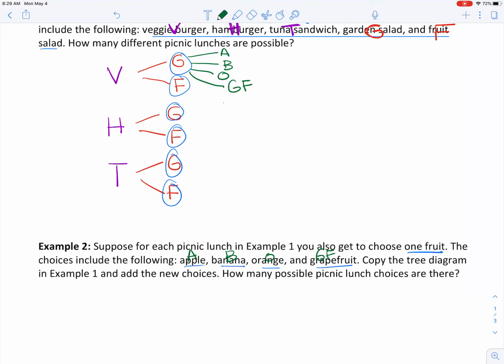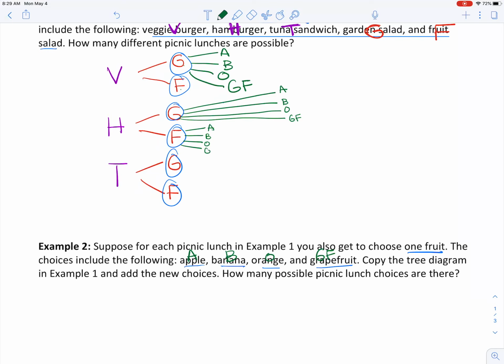Oh gosh, I'm going to run out of room here. So there's 4 more possibilities added on to each one of these already made options, okay? I'm going to add these over here for this one. We've got the 4 possibilities, and I'm going to do this extra long to give myself some space. So we've got the apple, the banana, the orange, or the grapefruit.